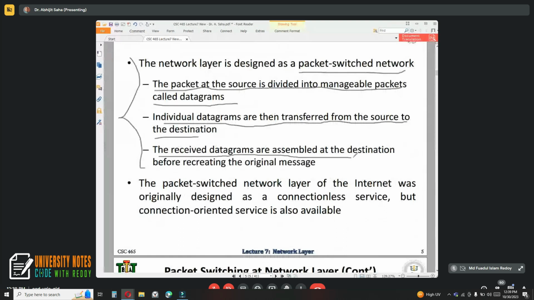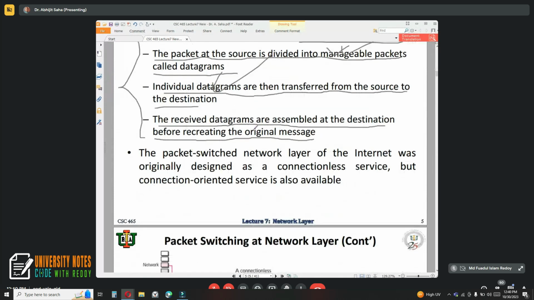The received datagrams are assembled at the destination before recreating the original message. So on the sender side, you divide the message into manageable packet sizes and send them from the source to the destination.